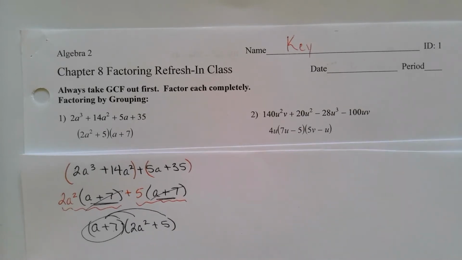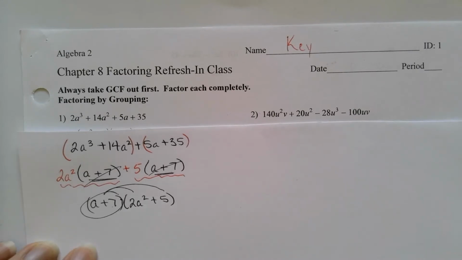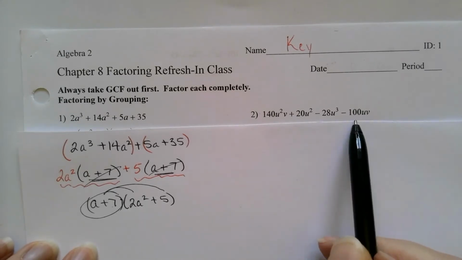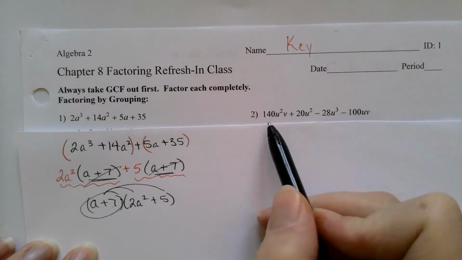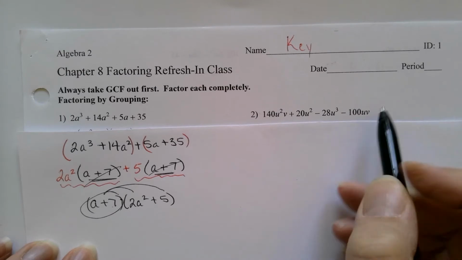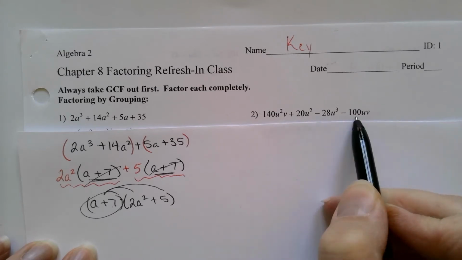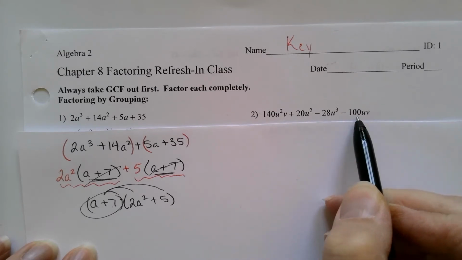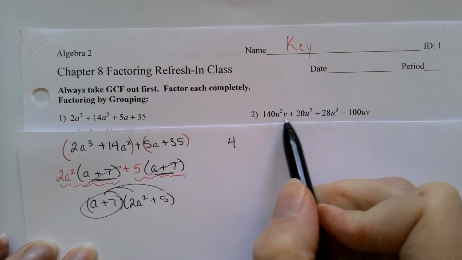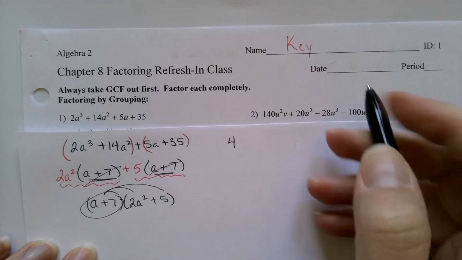Looking at our next example, the first thing I see is that I do have a GCF, and that GCF is 2. Then I look a little closer and I think I can go higher, I can go to 4. The first thing I noticed was they were all even, so I wanted to use a 2, and then I tested to see if I can go higher. They also have in common a u, so I'm going to take a u out of everything.